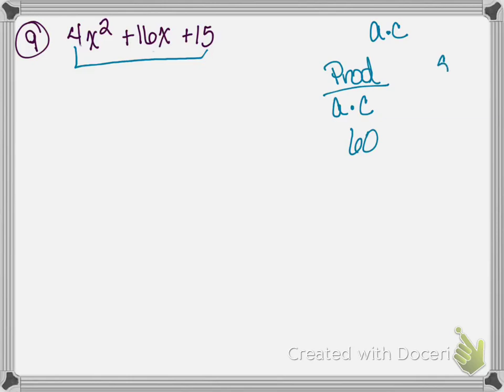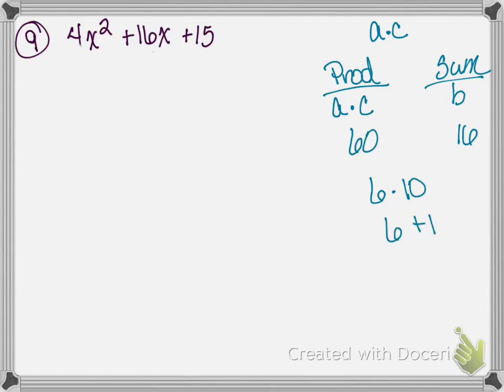Then what's my sum? 16. My sum is still that B value. So I still ask myself, what two numbers multiply together to give me 60 and add together to give me 16? 6 and 10. Those are the numbers. 6 times 10 is 60, and 6 plus 10 is 16.